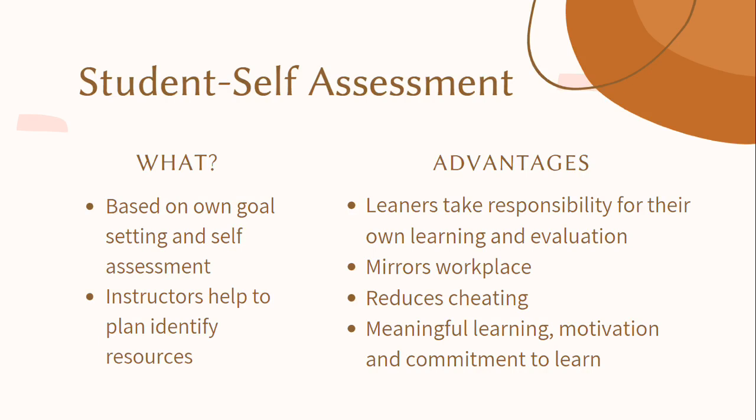Next is student self-assessment. So what does it do? So this type of test is based on own goals, setting, and self-assessment. The instructor here helps to plan, identify the resources. And on its advantages, the learner here takes responsibility for their own learning and evaluation. And it also reduces cheating, and it gives meaningful learning, motivation, and commitment to learn.